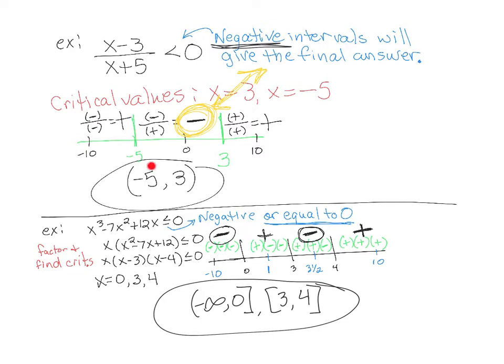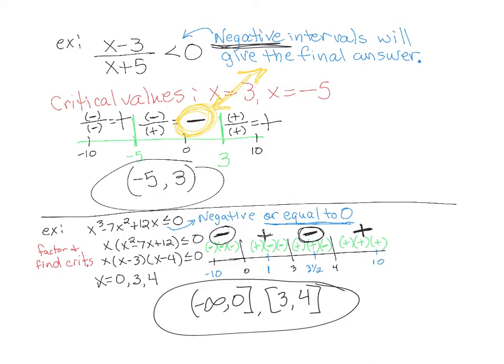Okay, between minus 5 and plus 3, I pick any number that's between them. It doesn't have to be 0. I could use 2.9 if I wanted, or I could use negative 4.9. But why would I do that? I'm trying to keep this as easy as possible. And any value between minus 5 and plus 3, I can use as a test value.